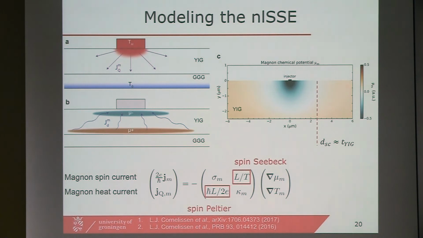Okay, so we then varied the thickness of this YIG film, and we see that we get this kind of linear relation between the sign change distance and the thickness. I should say that this does not give any quantitative agreement yet. Our model is not quantitatively fitting our experimental data, but we seem to reproduce the qualitative behavior.